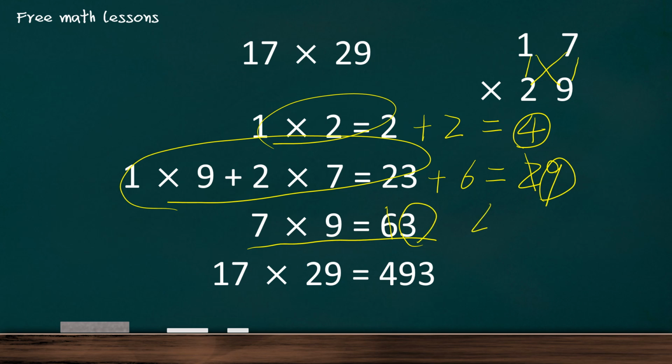So you end up with 4/9/3, which is 493. If you are not familiar with this method, it may be slow to calculate at first, but if you practice it many times, it will greatly improve our computing speed.